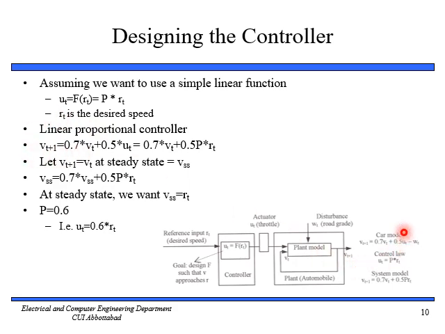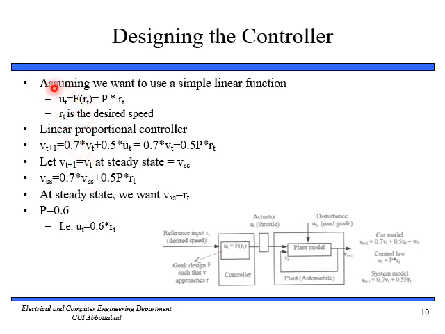Here you can see this is our system model: v of t plus 1, our next speed, is equal to 0.7 into current speed plus 0.5 into u of t, which is our control input. And u of t is equal to P into r of t, which we have replaced here. Now for the steady state condition, our goal is to find this u of t.